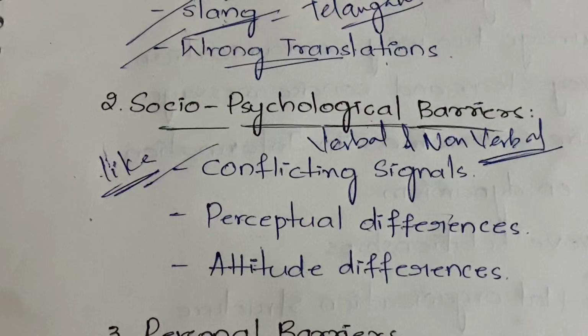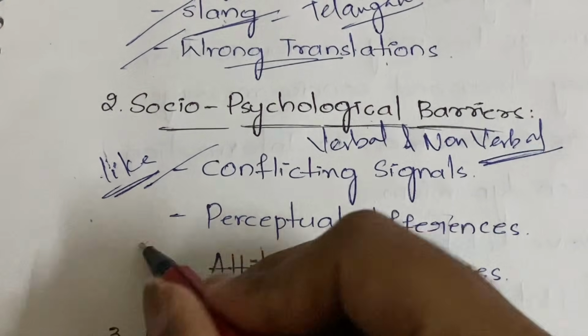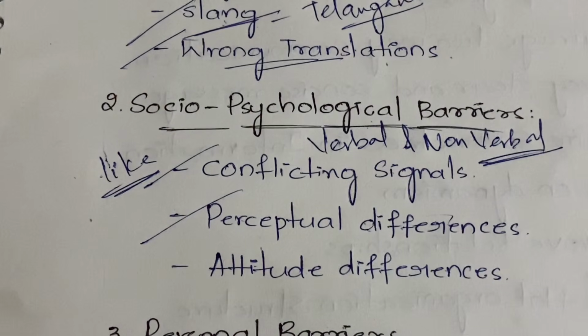What he wants to convey, maybe you are not able to understand, or what you are understanding, maybe he is not able to understand. Perception means the way we think. Because of the differences in the way of thinking and understanding, communication will be interrupted.